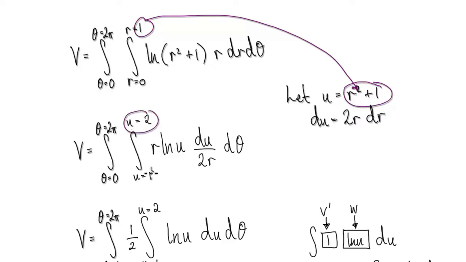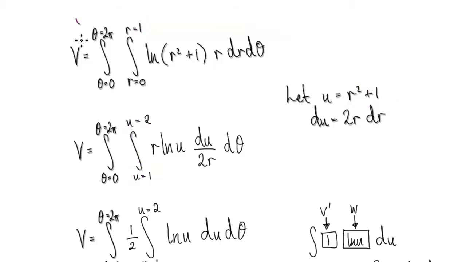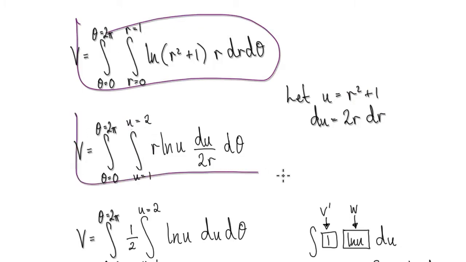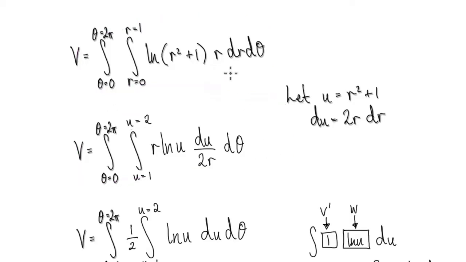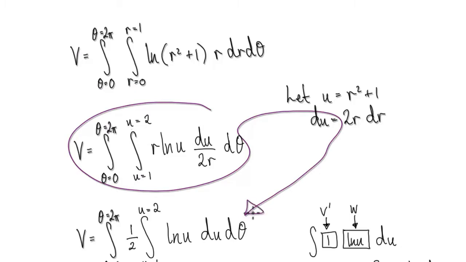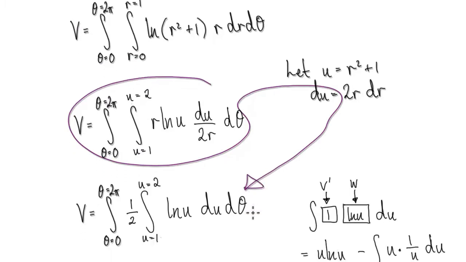So you're integrating from 1 to 2 in the u realm. Anyway, this whole thing here will then become this thing here. We are currently here now, so now it's just a matter of integrating this.